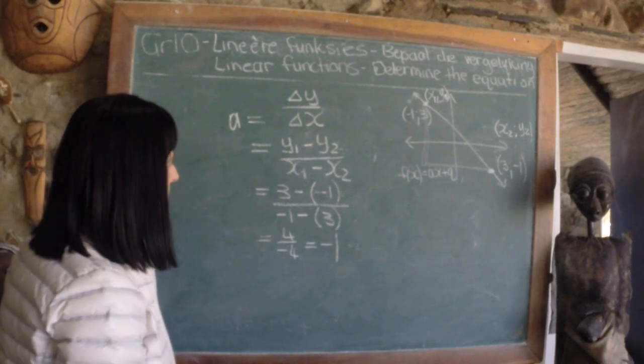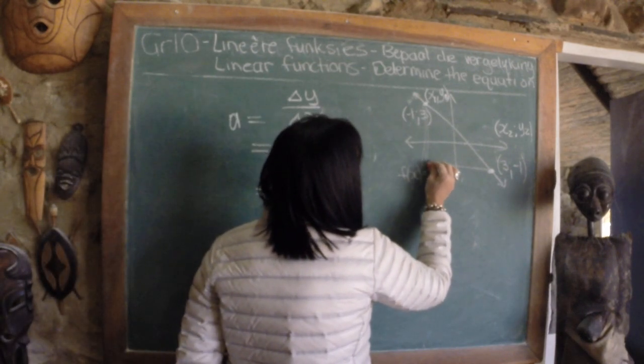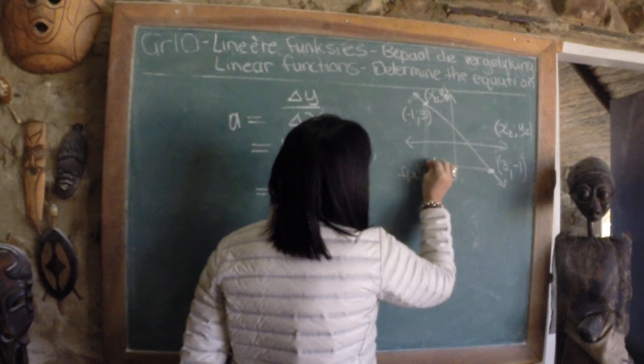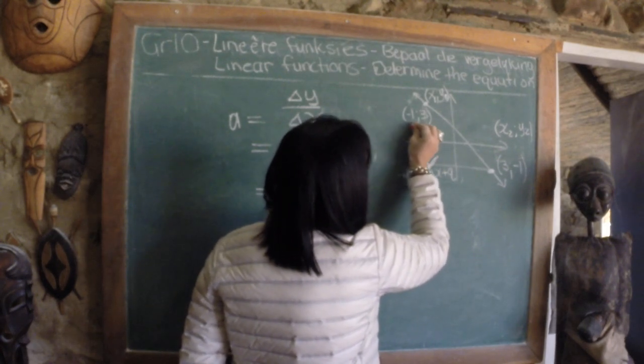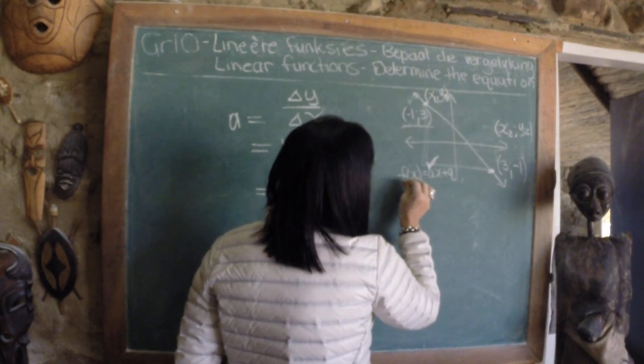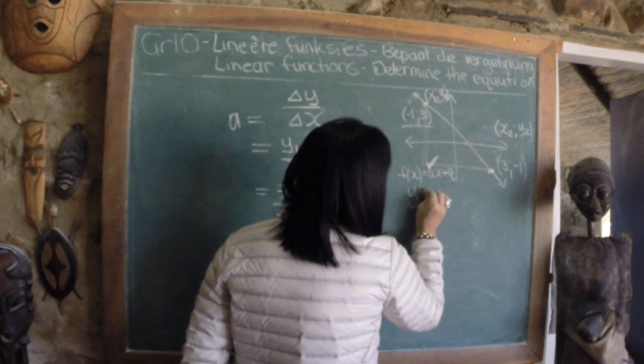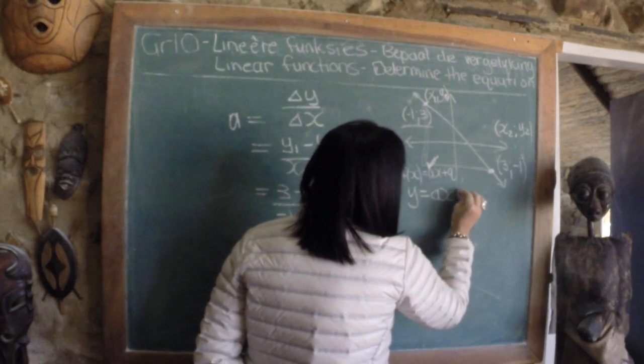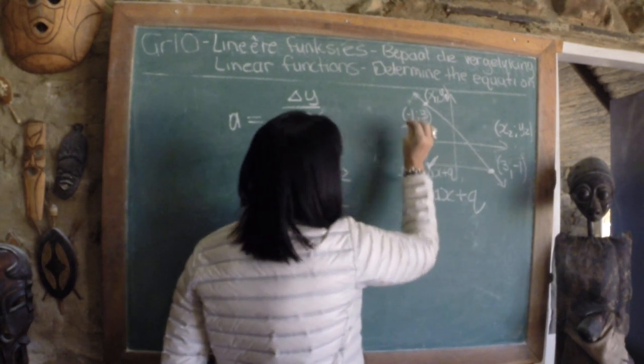Reg so. So nou het ek my a-waarde. I've got my a value. I can use any one of these coordinates to put in a y and an x value. So nou kan ons gaan sê, let's pick that coordinate.